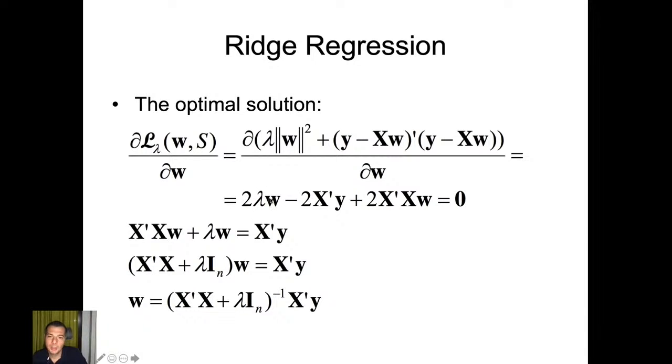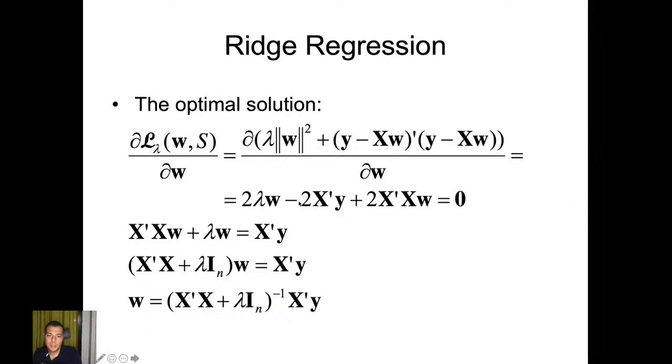Each component is squared, so we take the square and put it in front, and lambda stays there in place. So we have this value of the gradient with respect to w, and from this equation we try to extract w.